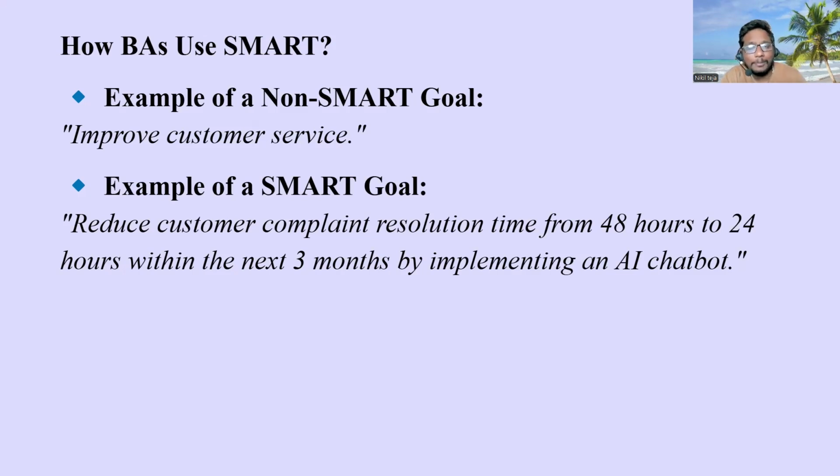So let's see the example of a perfect SMART goal. Reduce customer complaint resolution time. That is a specific goal, right? From 48 hours to 24 hours, that is measurable. Within the next 3 months, that is time bound. By implementing an AI chatbot, that is achievable or attainable.